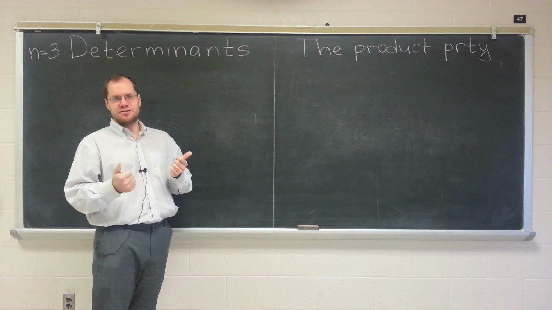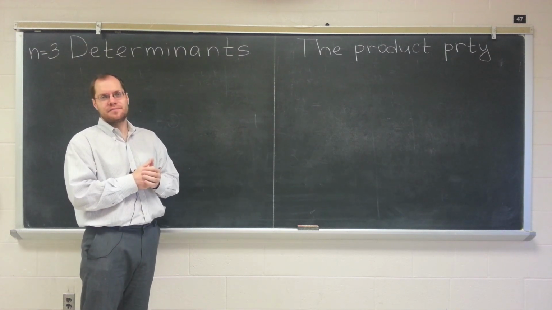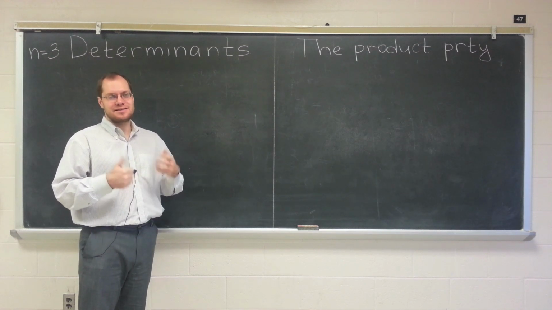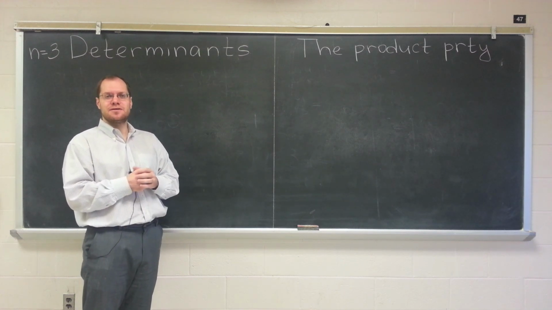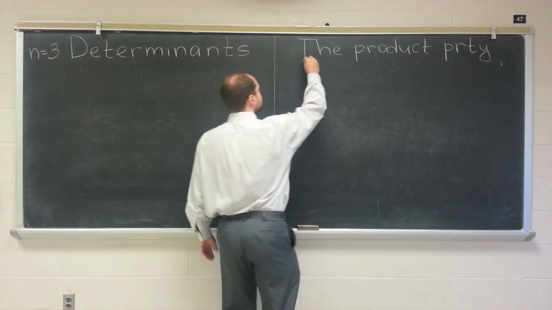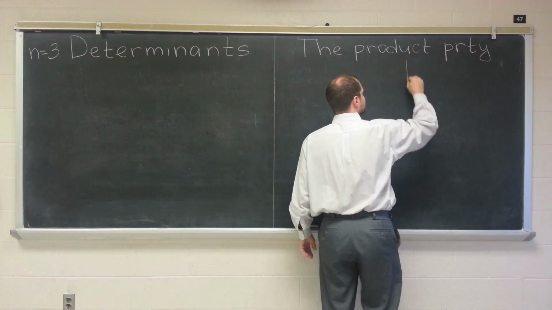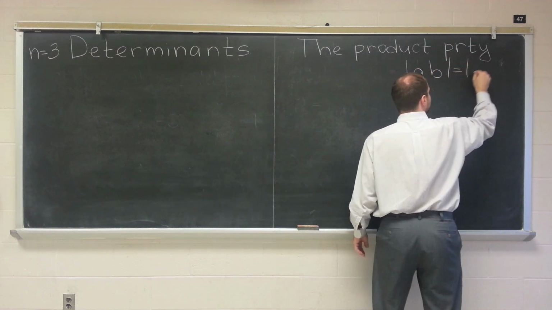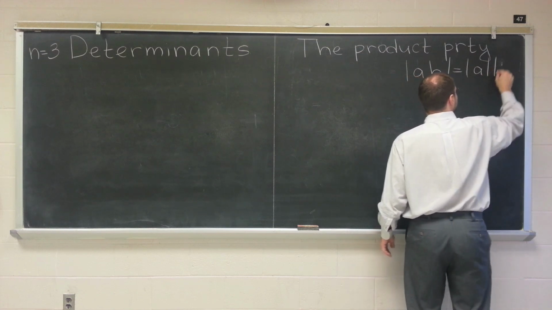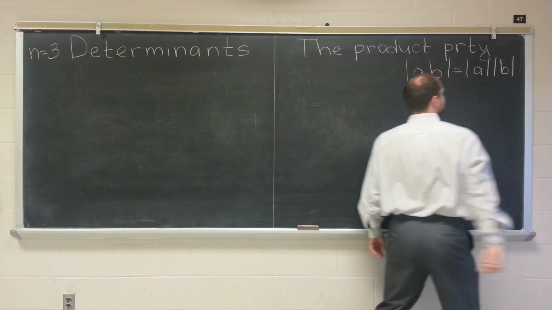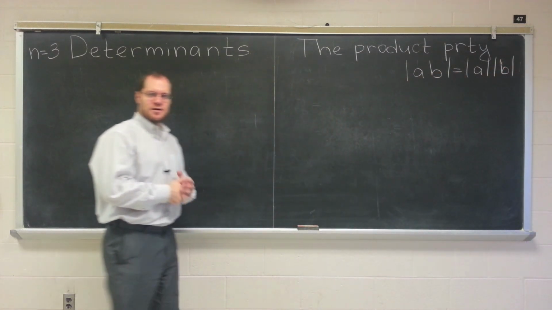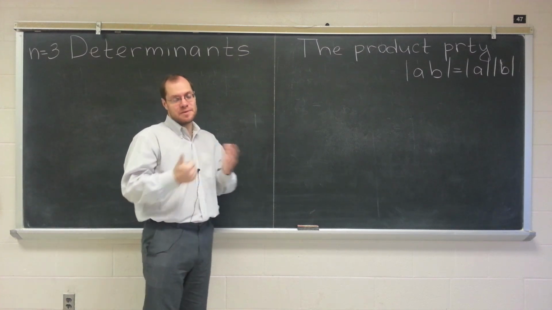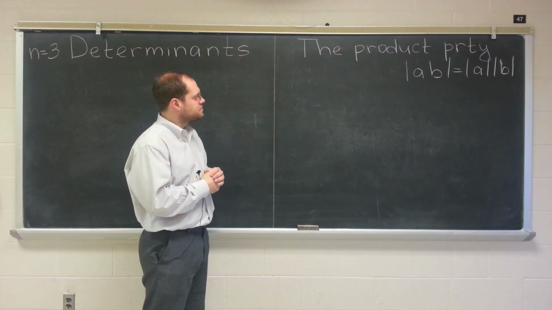That is, if you have 2 matrices, A and B, and their product is AB, then the determinant of AB, let's write it in the matrix notation here, the determinant of AB equals the determinant of A times the determinant of B. I use this example as one of the motivations for tensor calculus, maybe for the tensor notation.